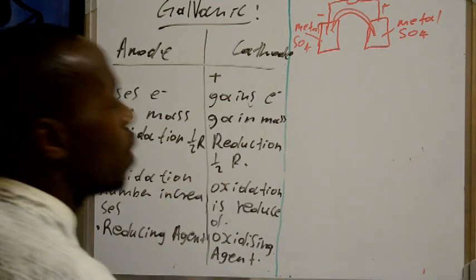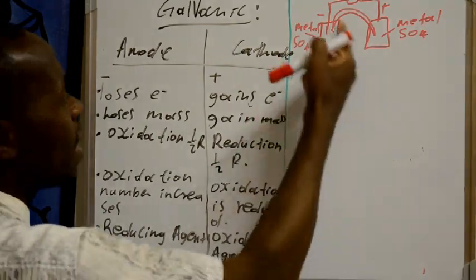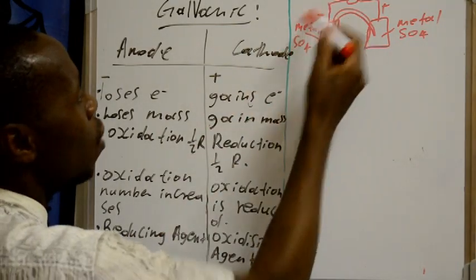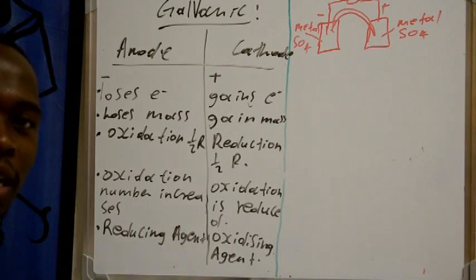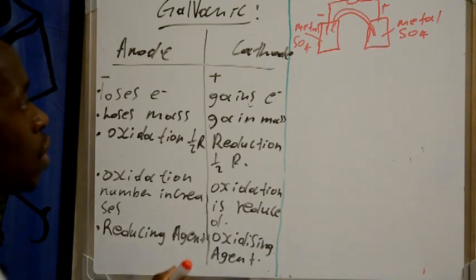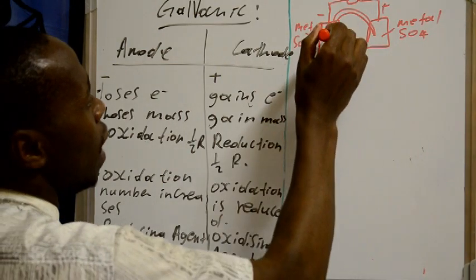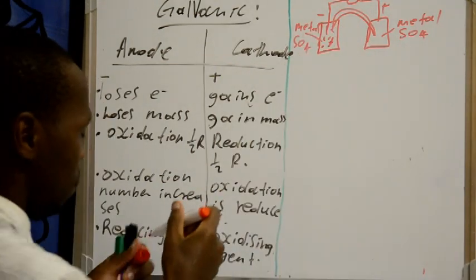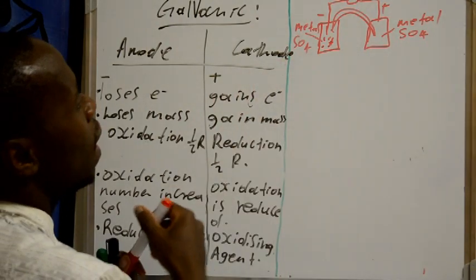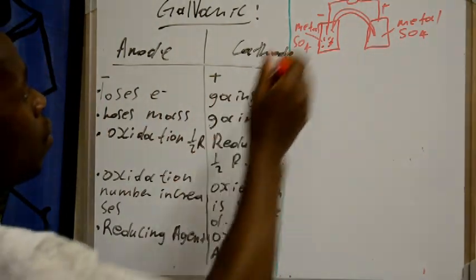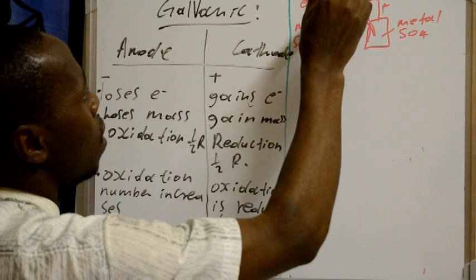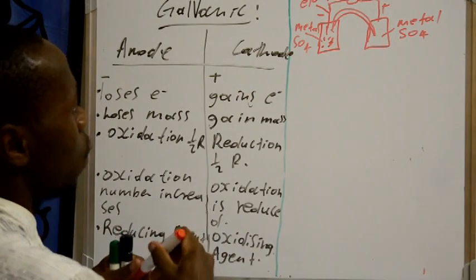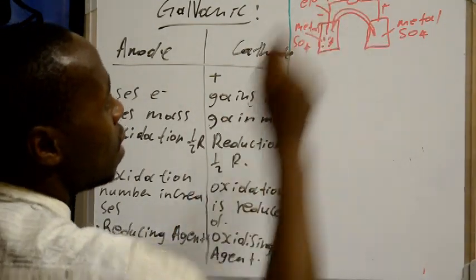So what happens during the reaction? At the negative anode, the metal breaks down and loses mass, and its ions go into the solution. The electrons are left on this electrode and are transferred to the other side.